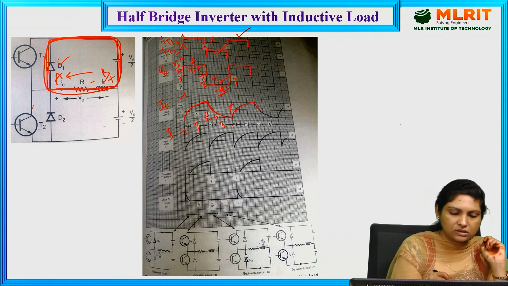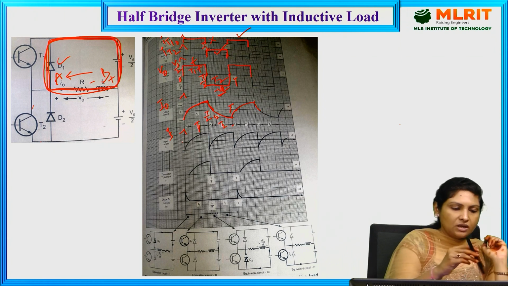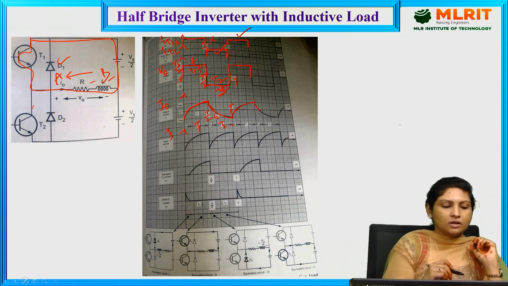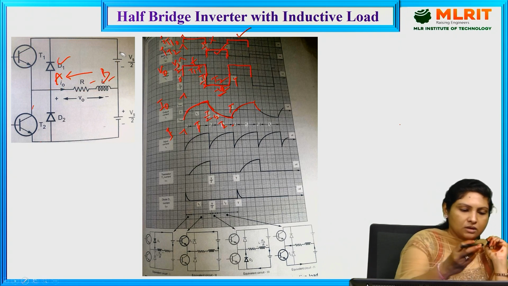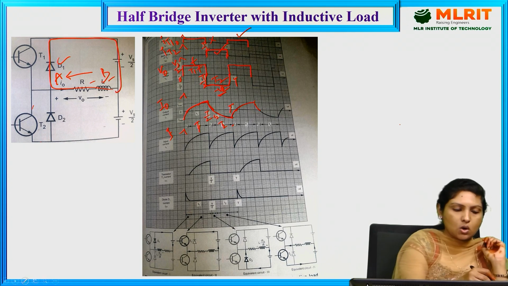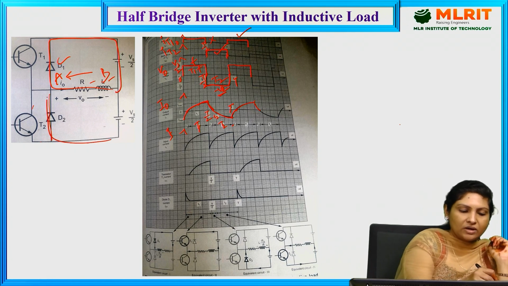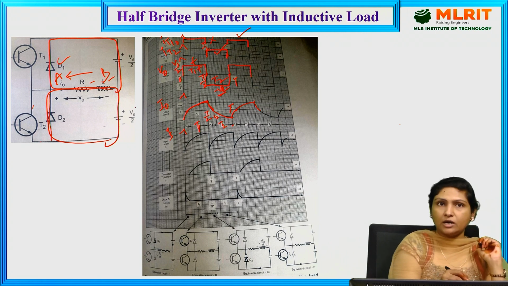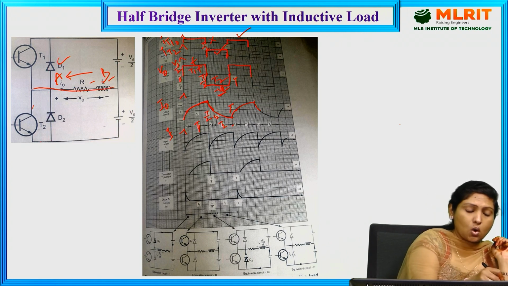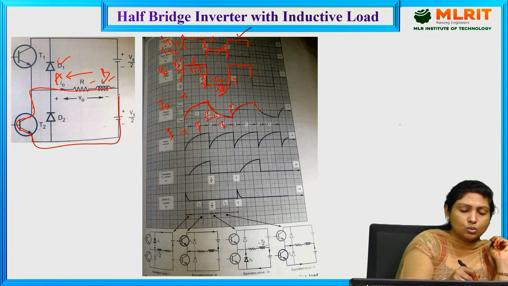So this is all about the output current, and talking about the supply current waveform, even when T1 is conducting current through the load, there is a supply current. Even when the inductor is dissipating current through the diode, there is a path through the supply. In all the cases, when D2 is conducting, there is a current path through the supply, and even when T2 is conducting, there is a current path through the supply.